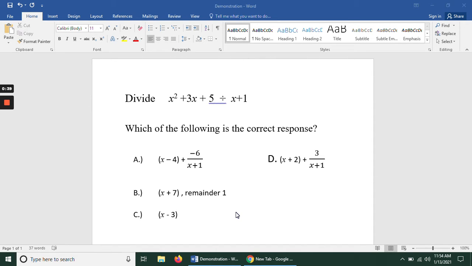So we have a division problem. We should divide x squared plus 3x plus 5 by x plus 1. Now we have 4 possible choices, and the question is asking us which of the following is the correct response.